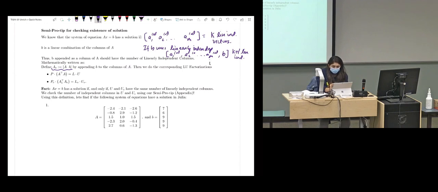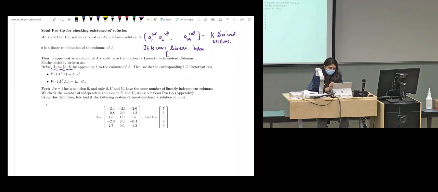But if that is not true, that simply means that B is a linear combination of columns of A, which is what we needed, right?